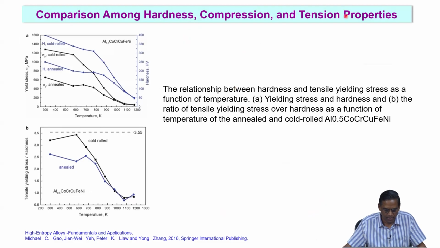Yeah, so looking at this hardness, compression, tensile property relationship, you can see the yield strength versus temperature plot, and yield stress divided by hardness, that is, normalized with hardness versus temperature plot, gives an idea for these two high entropy alloys.